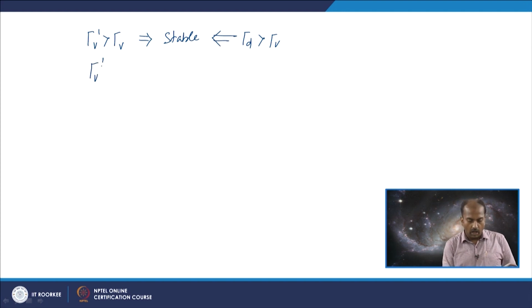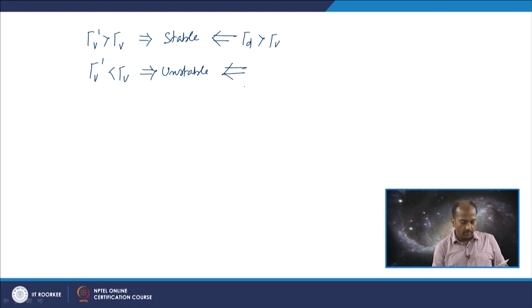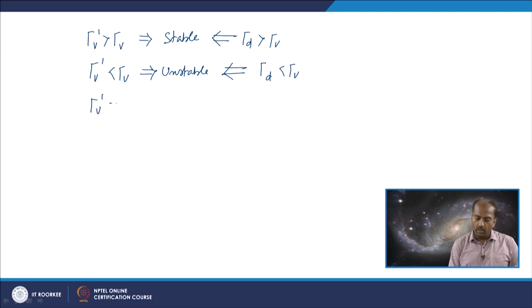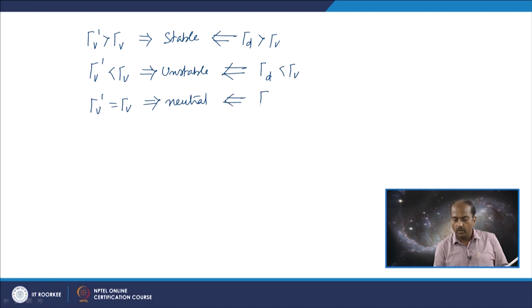Gamma v prime less than gamma v is unstable; writing in terms of the dry adiabatic lapse rate, gamma d less than gamma v. And gamma v prime equal to gamma v is neutral, which is also equivalent to writing gamma d equals gamma v, right.